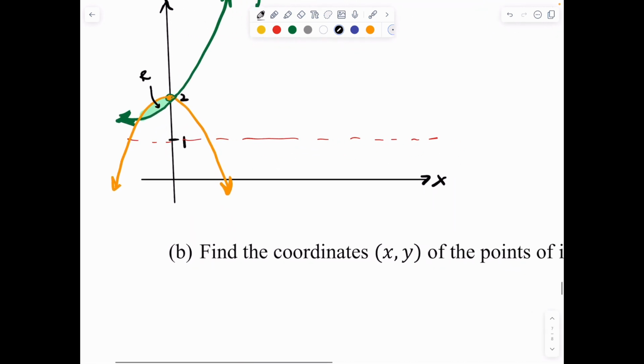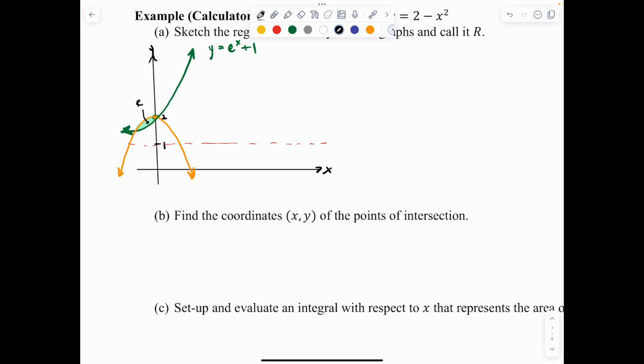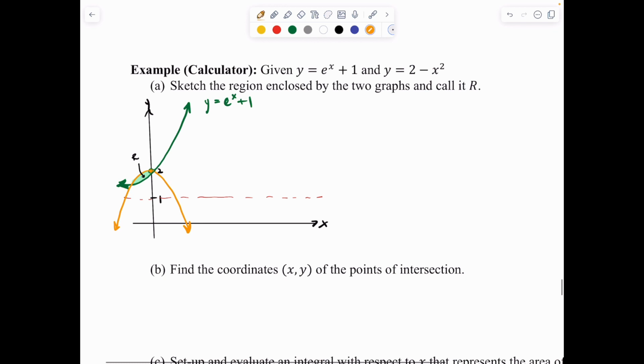Okay, so part B, find the points of intersection. You guys know how to do that. Put both of these into your calculator, so y sub 1 and y sub 2. Okay, and then you can go second, trace, find the point of intersection, and remember there are two of them. One of them is easy to see, right?